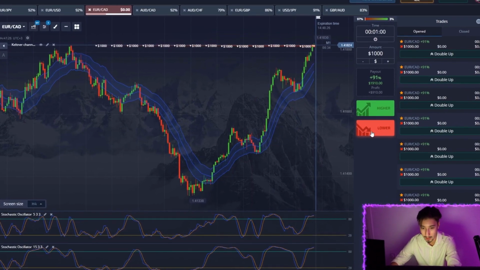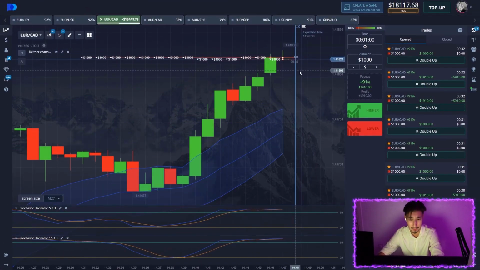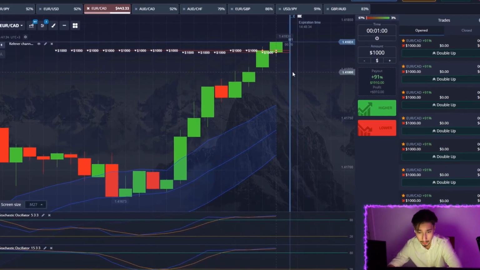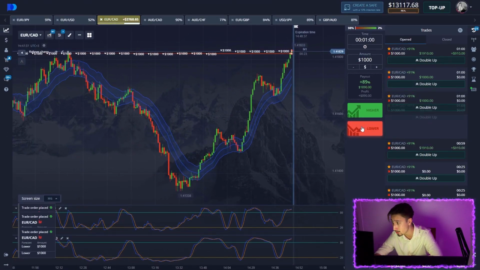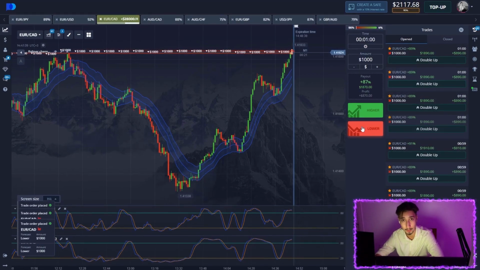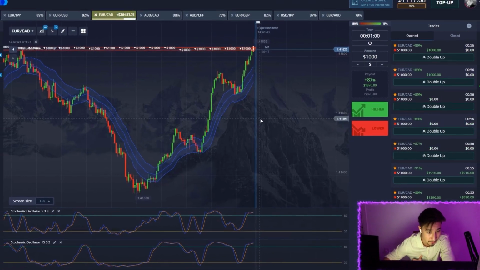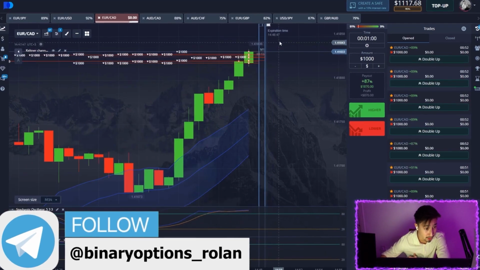So the first one's in the profits, okay, and we got $28,000 right now on our balance, and there are 30 seconds left before the closing of our last ones, and I wish all our positions will be in a profit. So yeah, this is very nervous and it's a lot of anxiety. Okay, I guess we will be in a profit, guys.